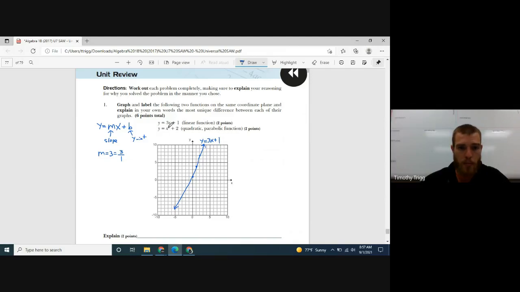y equals x squared plus 2. Again, whatever number is added to the end, that tells you the y-intercept. Notice it doesn't have an x attached to it. In our case, that's 2, so we know it's going to cross the y-axis at 2.